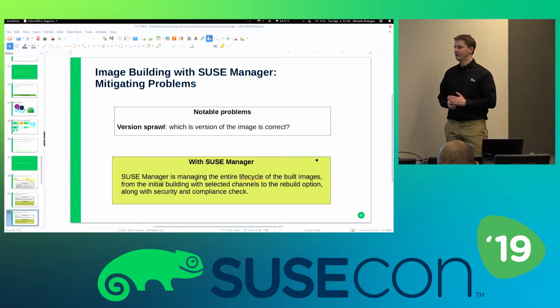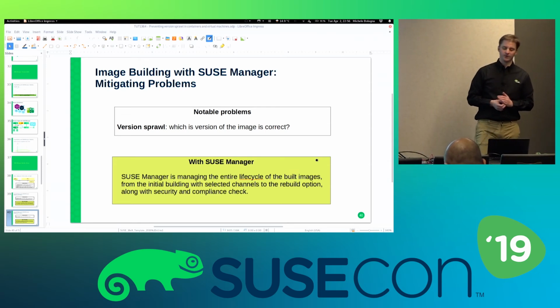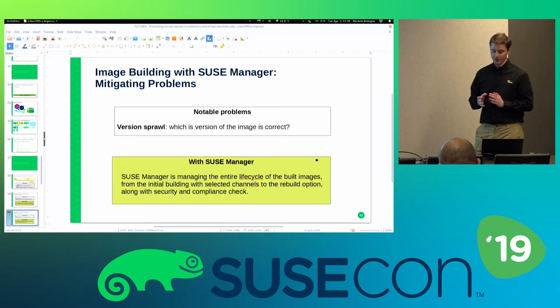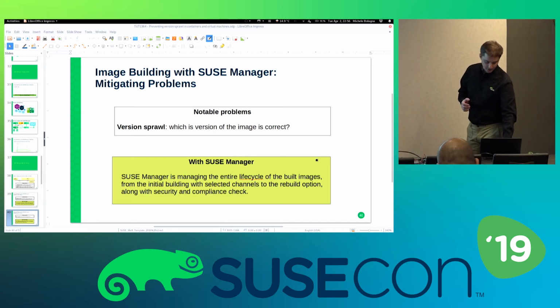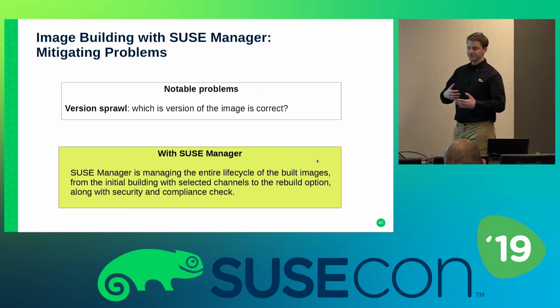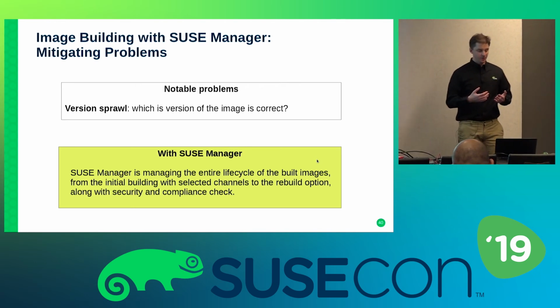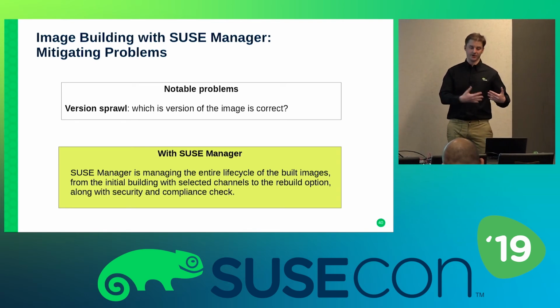Version sprawl. Which is the correct version of the image that we want to use? We solve this problem because we manage the entire life cycle of the built images, so we can be sure that SUSE Manager is handling the correct version.